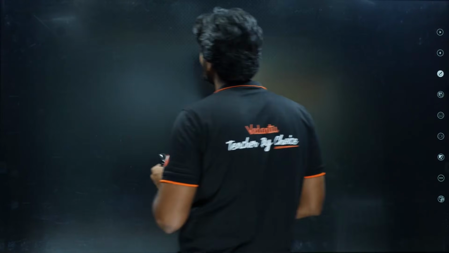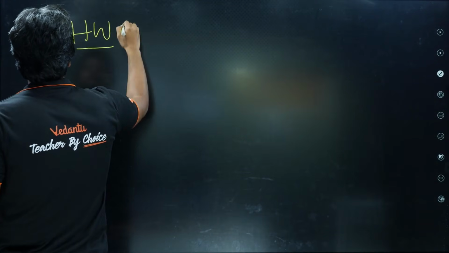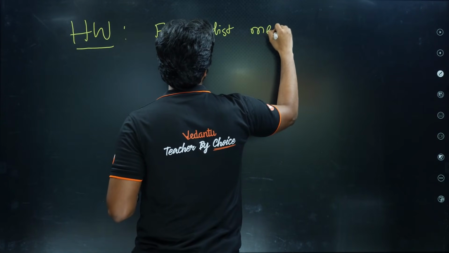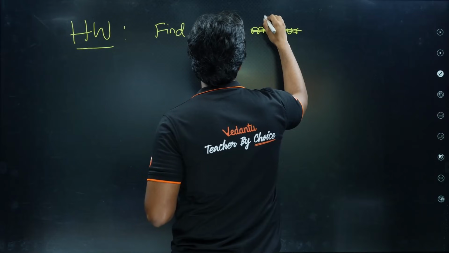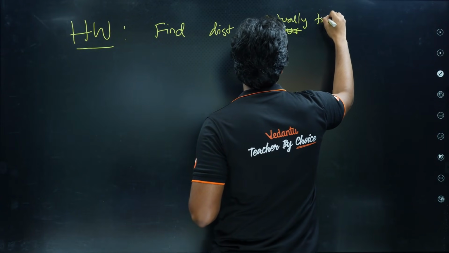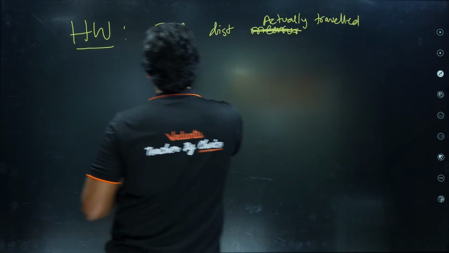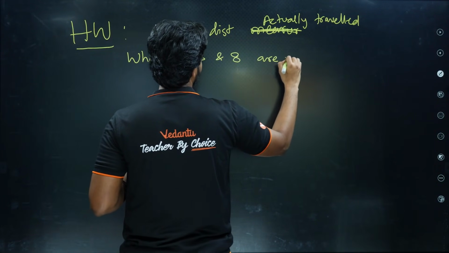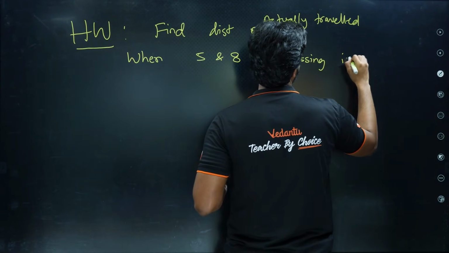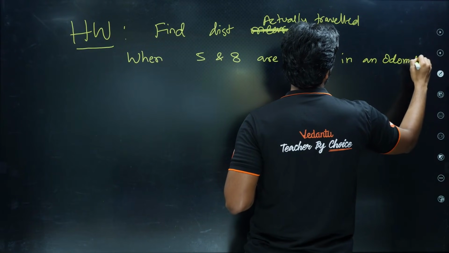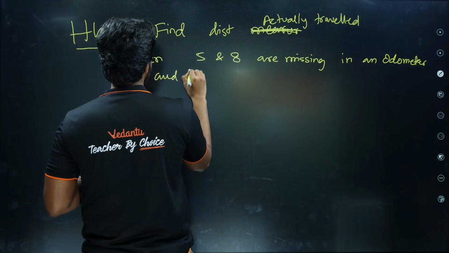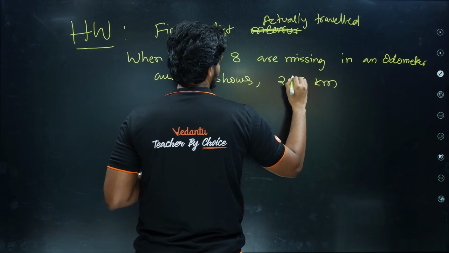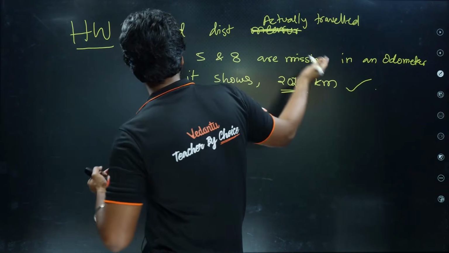So that's what I want to convey here. The homework for you is: find the distance actually traveled when 5 and 8 are missing in an odometer, and it shows 2015 kilometers or 2025, does not matter, any number is fine. 5 and 8 are missing.